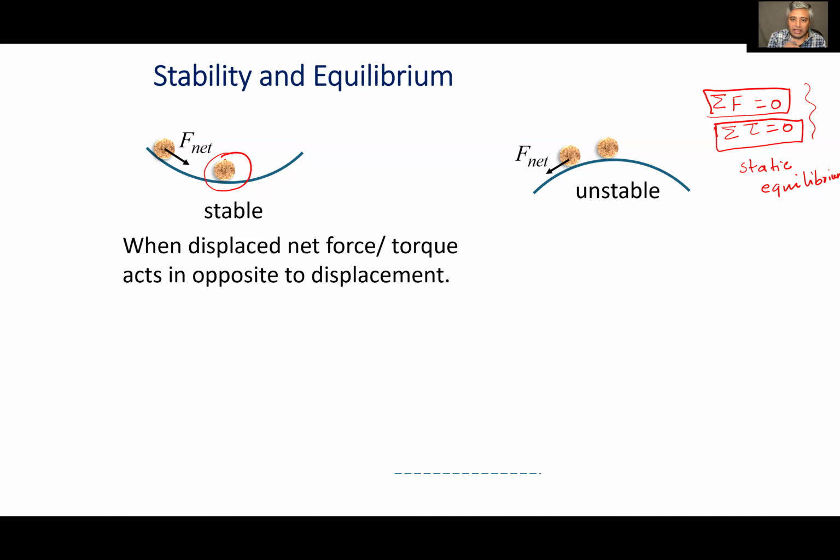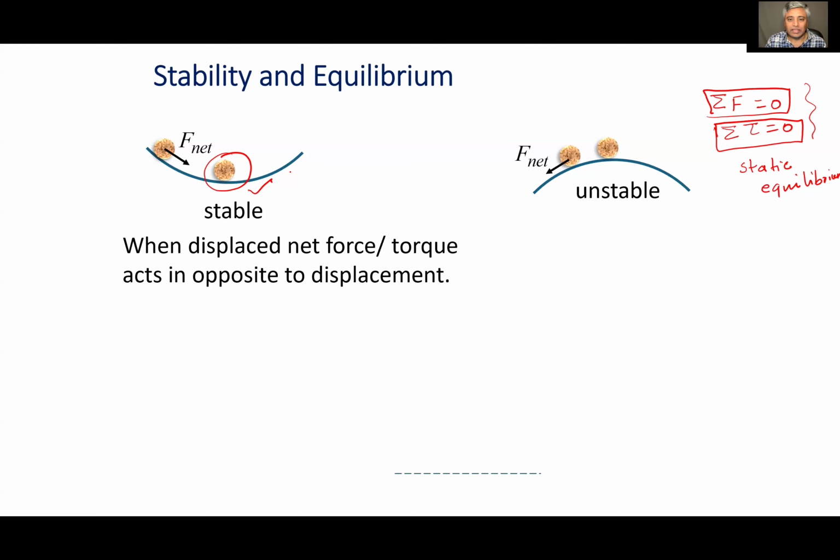It rocks back and forth, right? Eventually settles down to this point. So that's why we call it stable, because even after we displace it from that equilibrium point, it comes back to that point eventually.